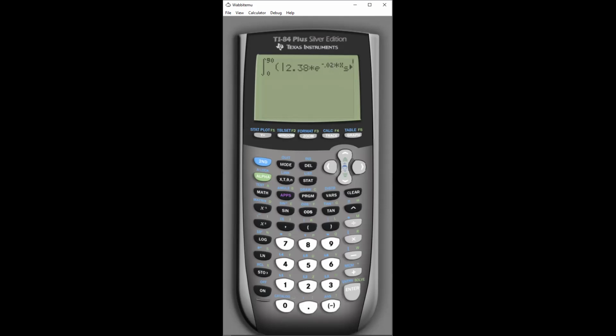And the calculator is thinking. And the answer is 62.164 meters. And so the total distance that Steven swims is 62.164 meters.